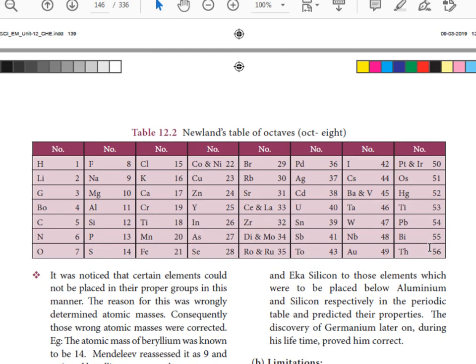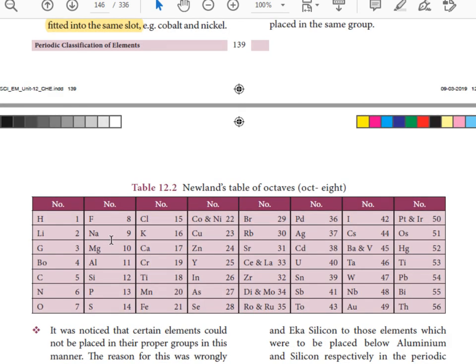But after noble gases helium, neon, argon, krypton were discovered, the first and ninth element should be similar. For example, neon should be present between fluorine and sodium. When neon comes between these two, sodium gets pushed down. So the first and ninth element have to be the same, and this fails after the discovery of inert gases. These are the limitations of Newland's law of octaves.